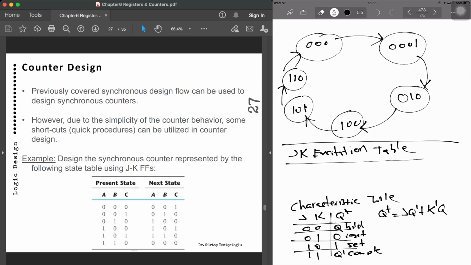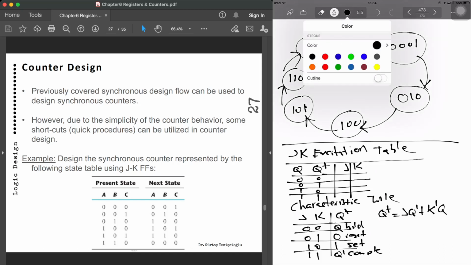Now, for the excitation table, we have the present state and the next state, and then we have the JKs. So it's the other way around: 0, 0, 0, 1, 1, 0, 1, 1. Now, we have to find out what's happening with the JK inputs.